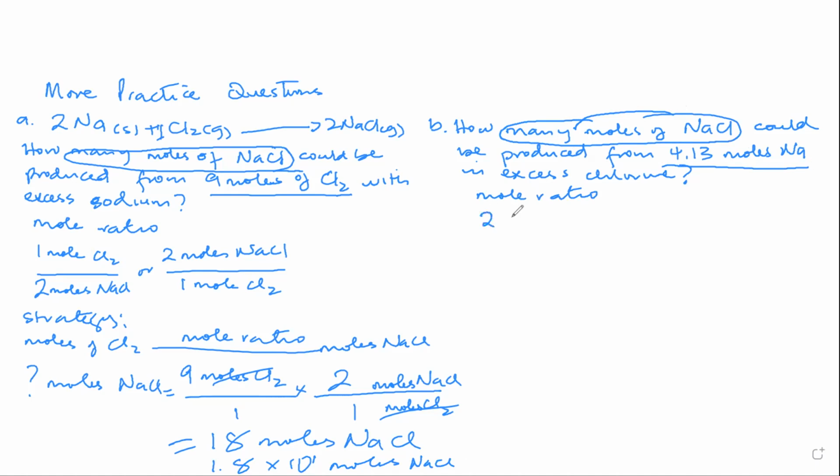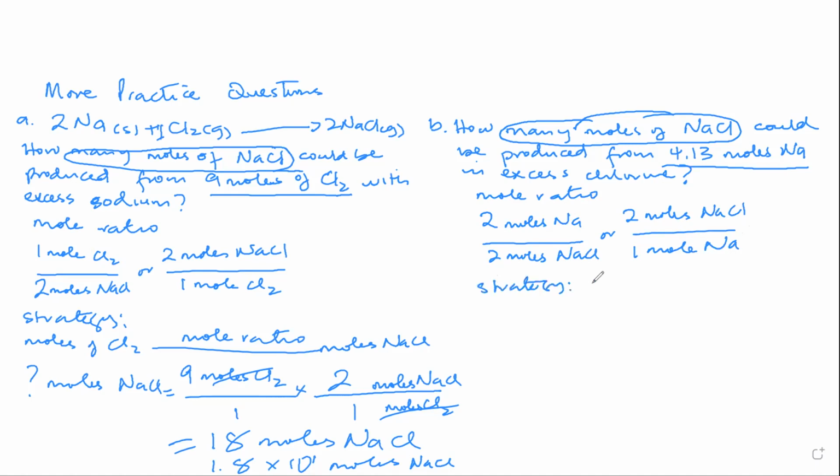So the mole ratio will be 2 moles of sodium over 2 moles of sodium chloride, or 2 moles of sodium chloride over 1 mole of sodium. Again, the strategy: we are going from moles of sodium to moles of sodium chloride using the mole ratio.